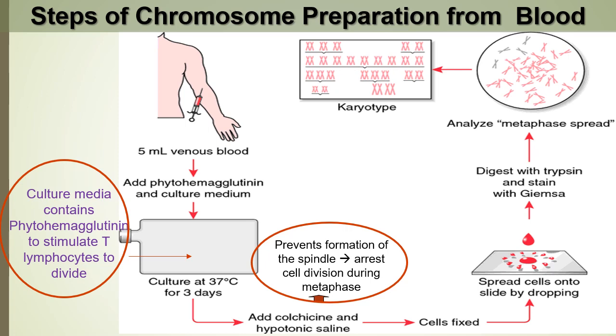Now, the fixed cells are spread onto a slide by dropping, and then the cells are digested with trypsin and stained with Giemsa. Now the metaphase spread will be obtained and is ready for karyotypic analysis.